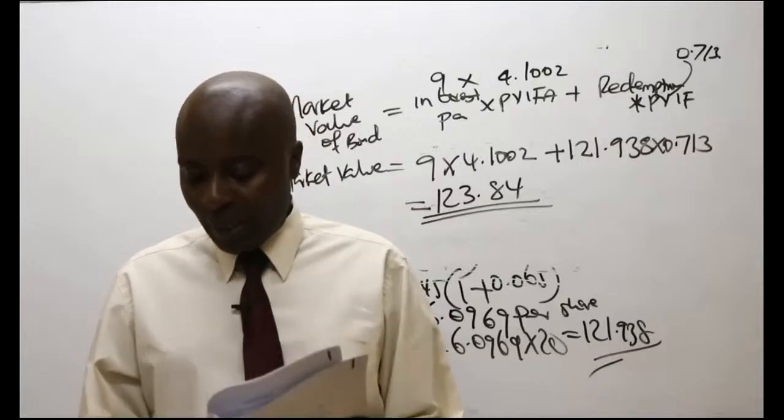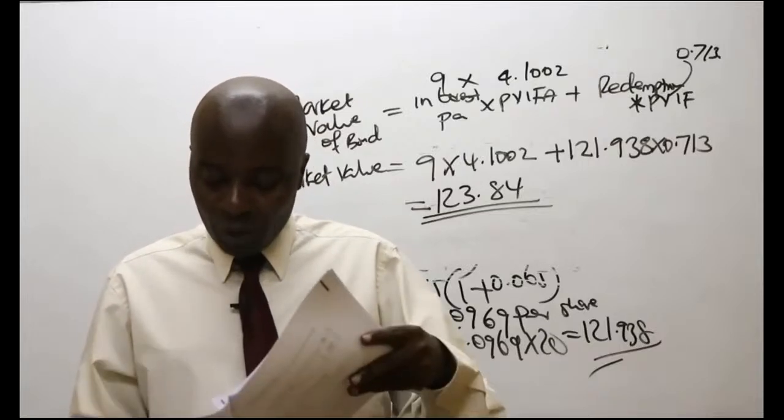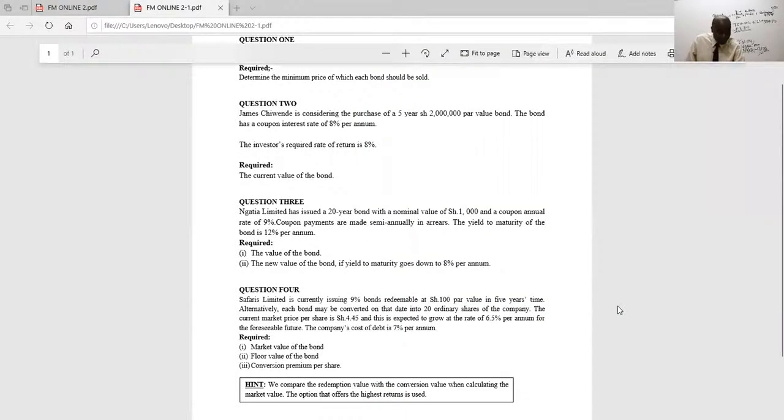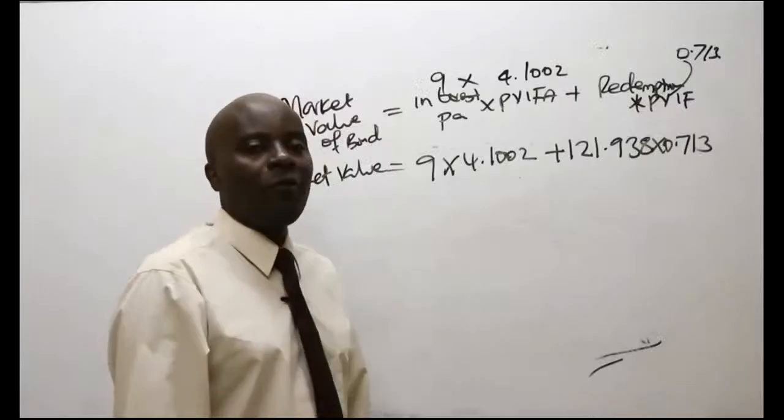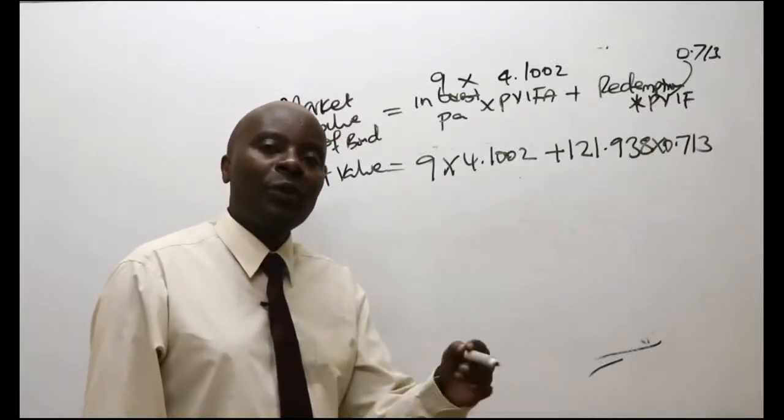Now look at part 2 of this question. Roman 4, they want us to give them the floor value of the bond. Remember, the floor value of a bond will be the smallest value of this bond that you can obtain.